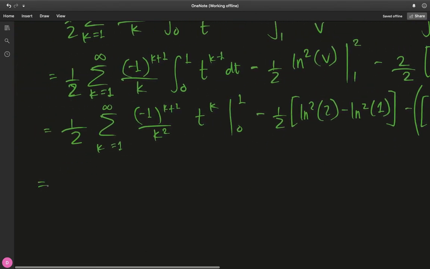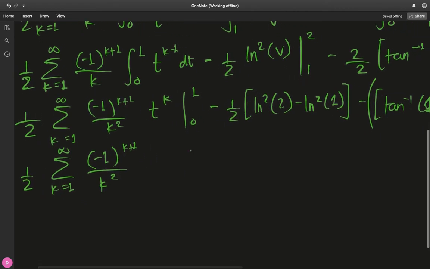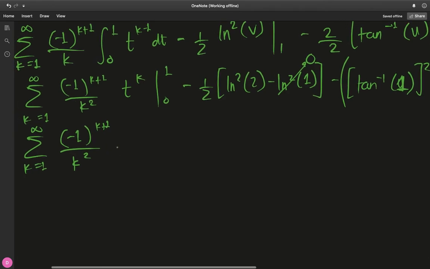and here we have 1 to the k, which is 1, minus 0 to the k, which is 0, so 1 times this thing, which is the sum from k equals 1 to infinity of minus 1 to the k plus 1 divided by k squared times 1, which we can ignore. The natural log of 1 is 0 and natural log squared of 1 will also be 0.